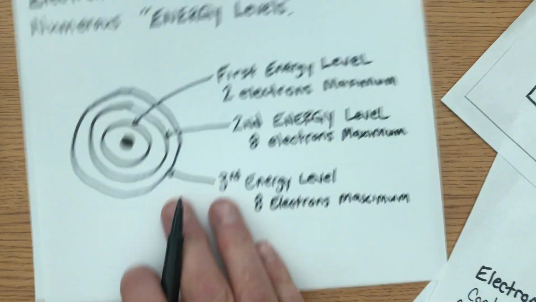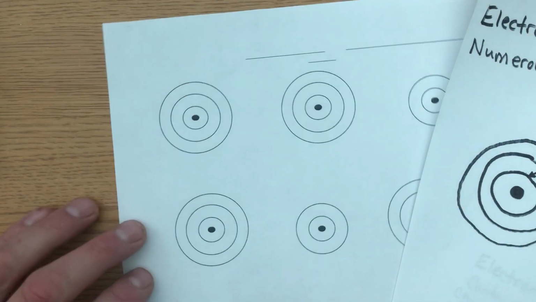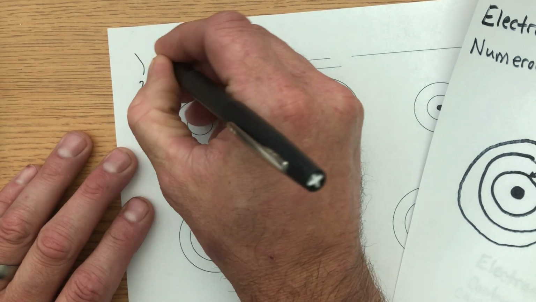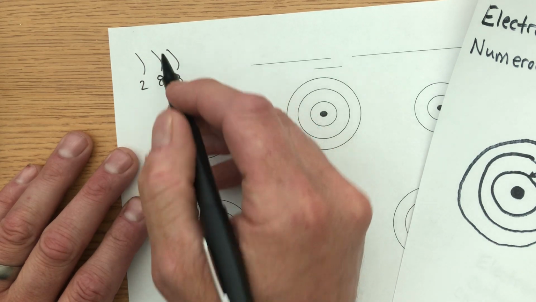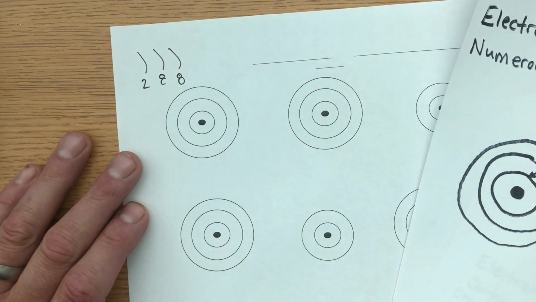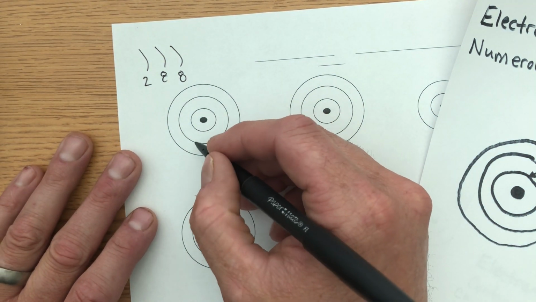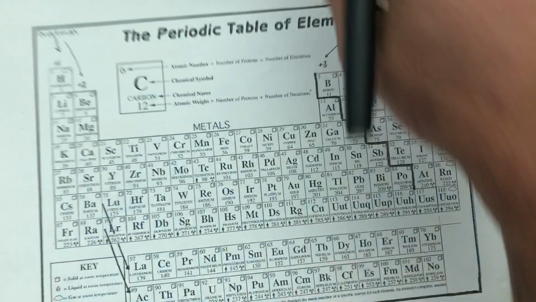All right, so let's practice with a Bohr model. And sometimes I like to just put this at the top of some stuff, like I'll just say 2, 8, and 8. And these little lines are representing just a small portion of one of these energy levels. So this Bohr model is set up to be an atom from the 3rd row of the periodic table. So let's just pick one of these at random.